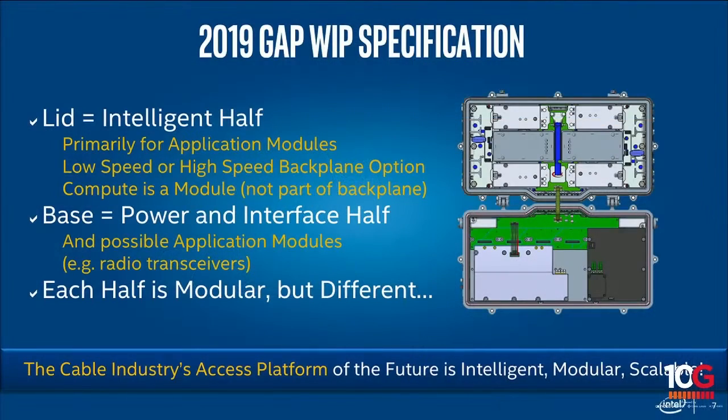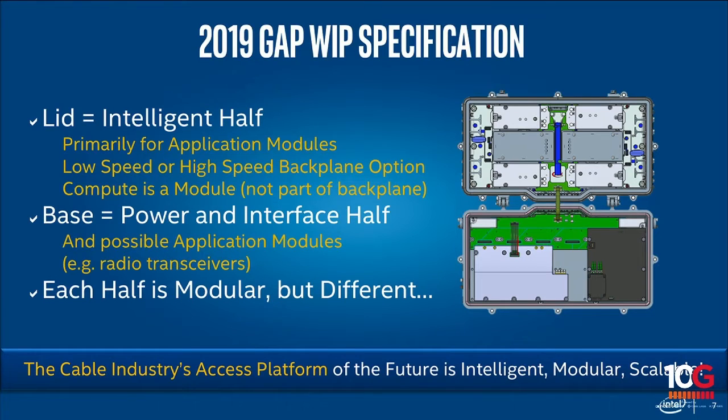Generally, we've evolved along those lines. We still envision the lid and the base being distinct, modular but distinct. The lid is going to be primarily for application modules, with an option for either a low-speed or a high-speed backplane. One thing that has changed is we now are looking at compute as a module, whereas last year I was talking about compute as part of the high-speed backplane.